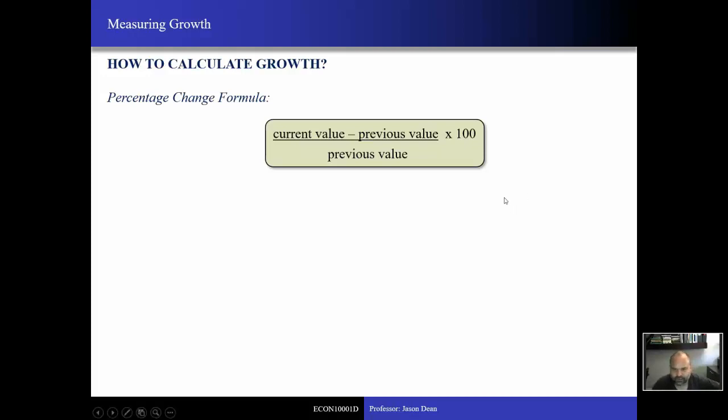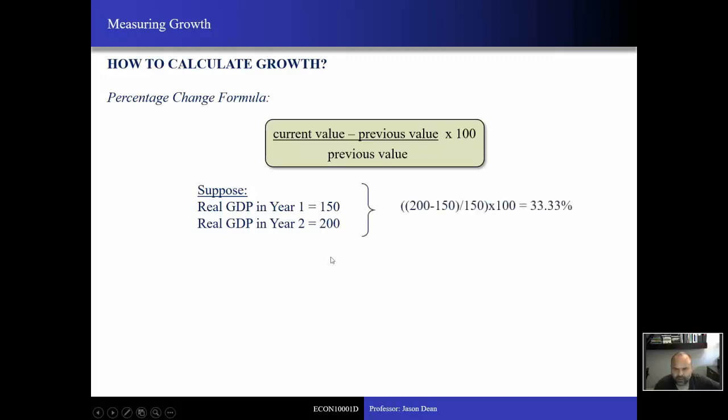So we do the same sort of idea, but with our real GDP. Here is an example. So suppose that real GDP in the first year is 150 and real GDP in the second year is 200. Then the economic growth would be calculated by just calculating a percentage change of these two figures. So how much higher is 200 compared to 150?